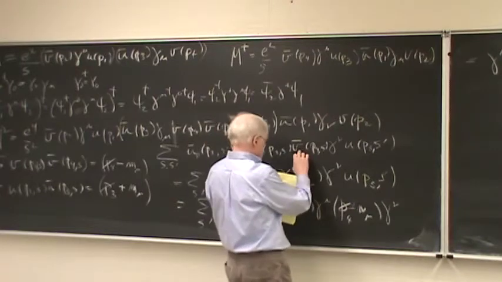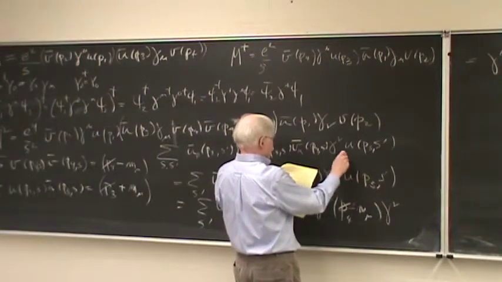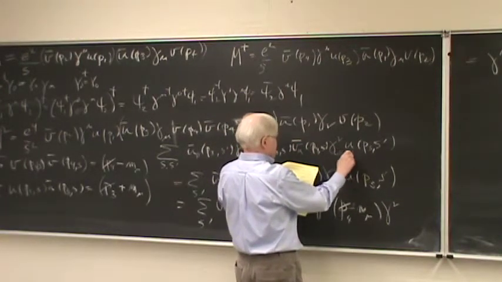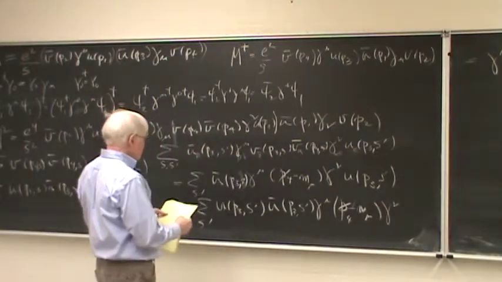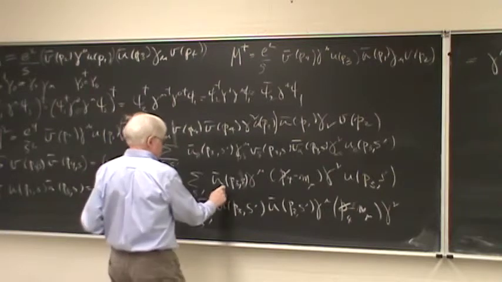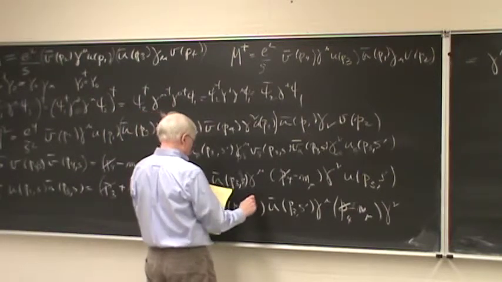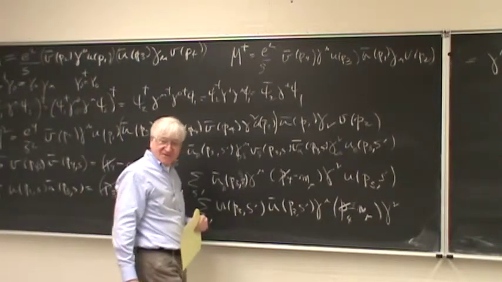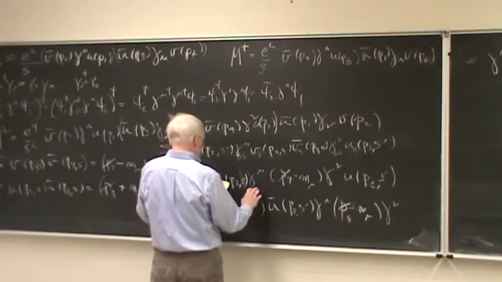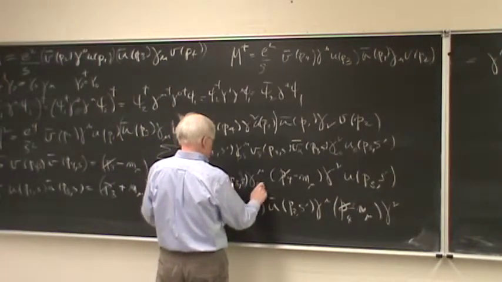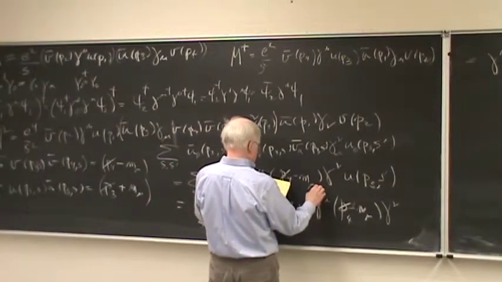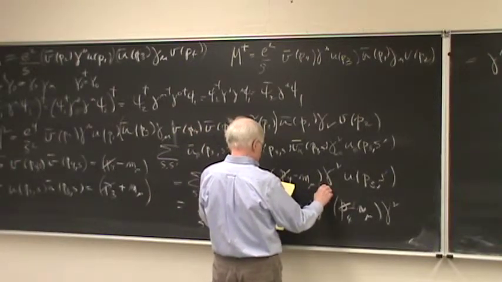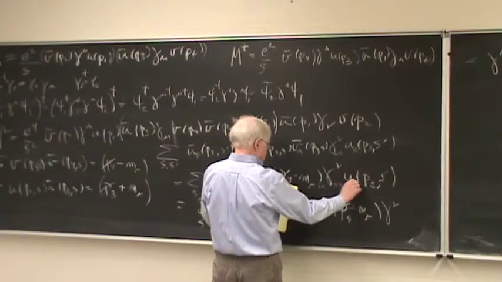And then over here, we have alpha, epsilon, epsilon. So now this thing is U bar beta, gamma mu beta delta, and now this P4 slash minus m delta alpha, alpha epsilon, epsilon is what we've got.